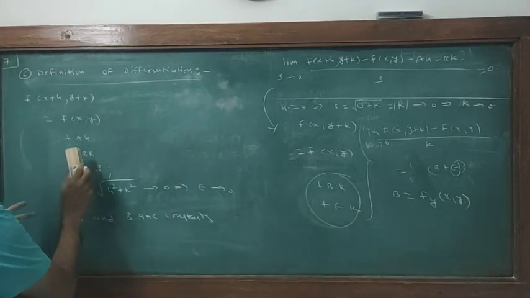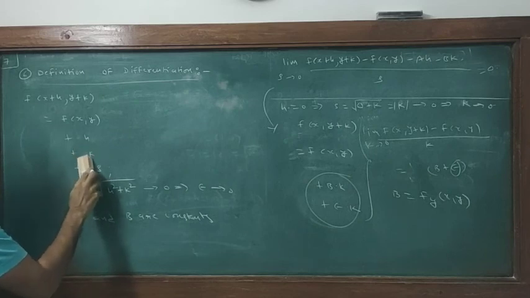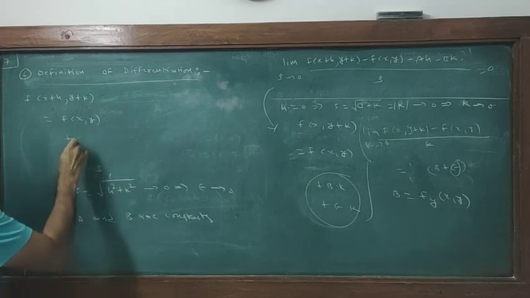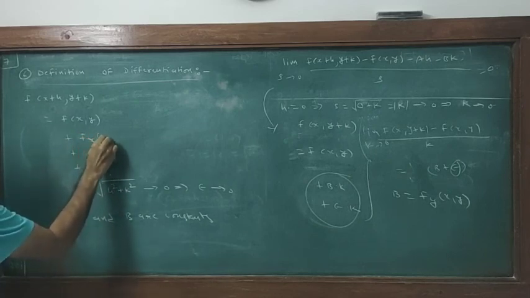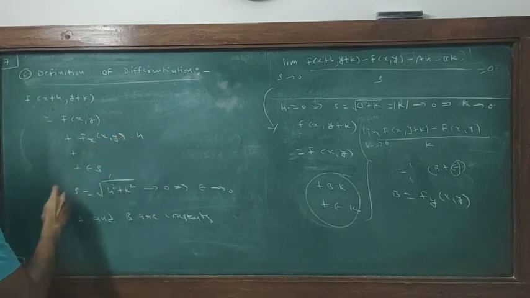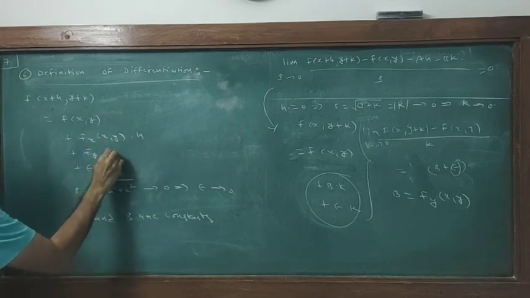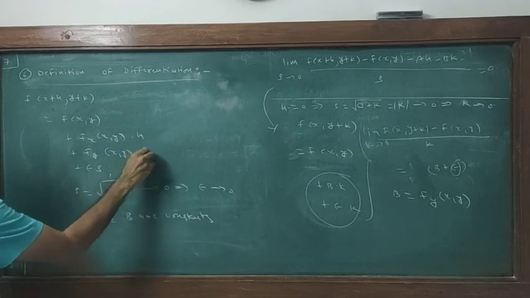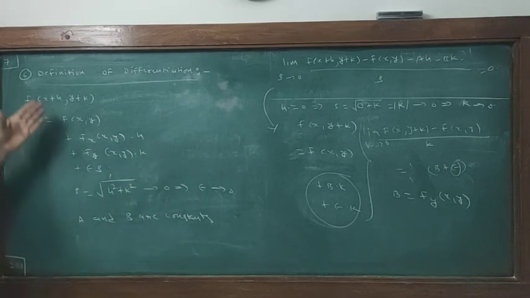Now this definition is modified: f of x at point x, y into h, plus f of y at point x, y into k. Now this is the definition of differentiation.